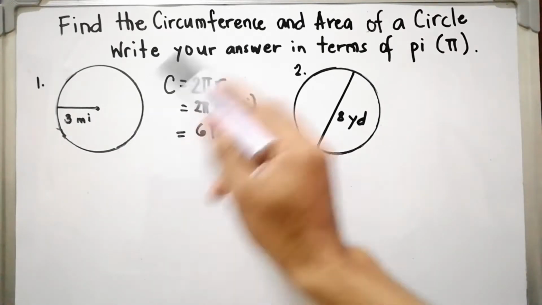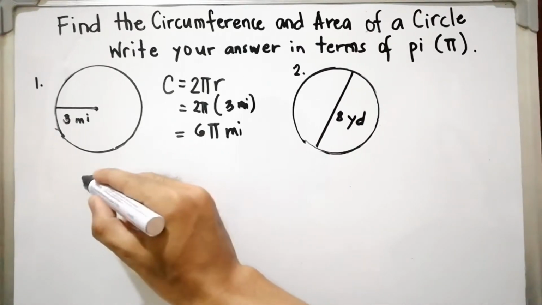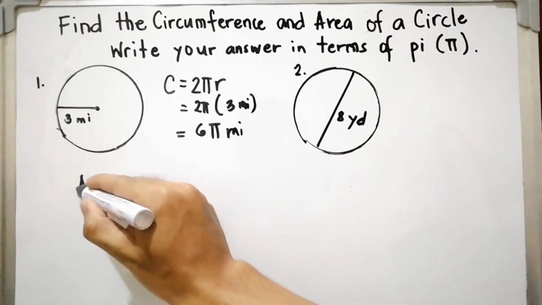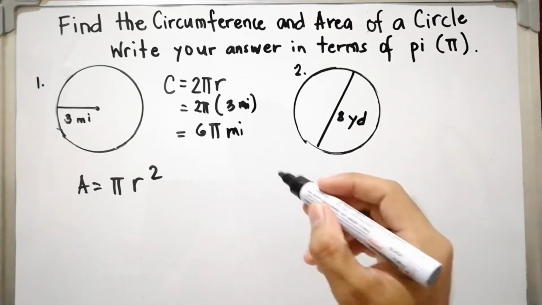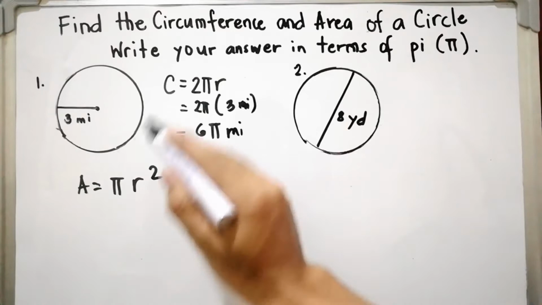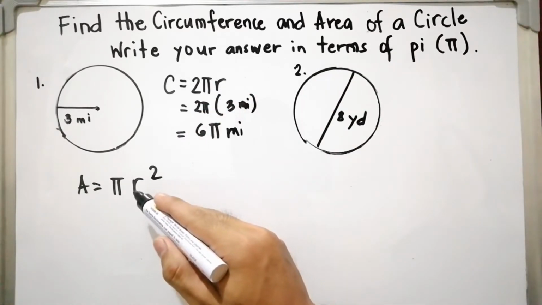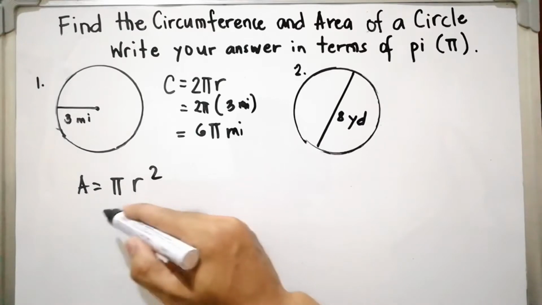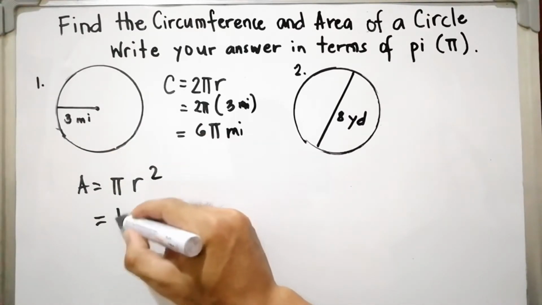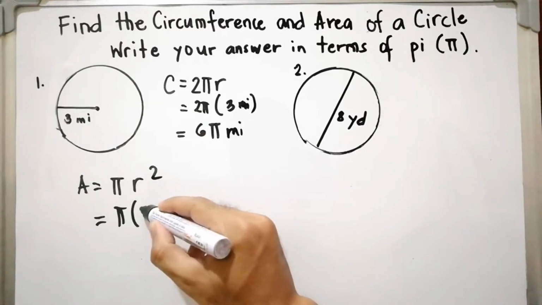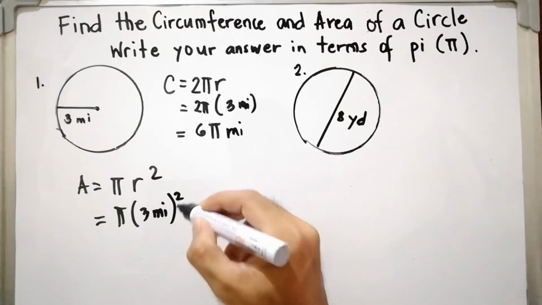Now, let us have the area of the circle. So again, the area is equal to pi r squared. Again, our answer is in terms of pi, so the only thing that we are going to substitute is the value of r. And the value of r is 3 miles. So rewrite pi, then substitute 3 miles as r, then square.